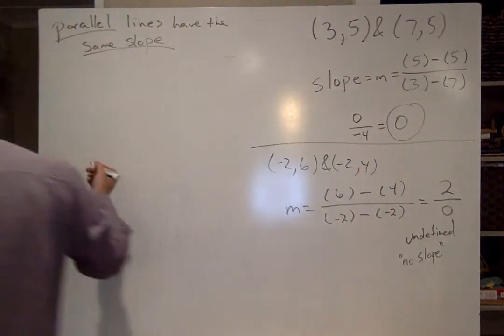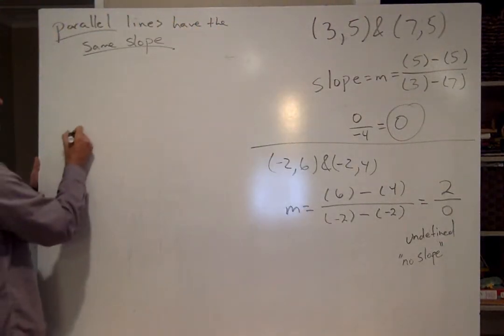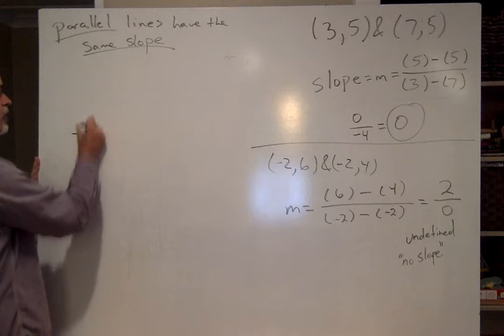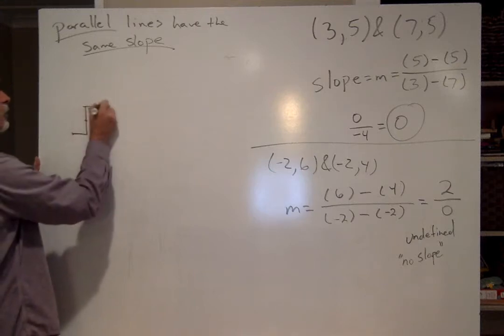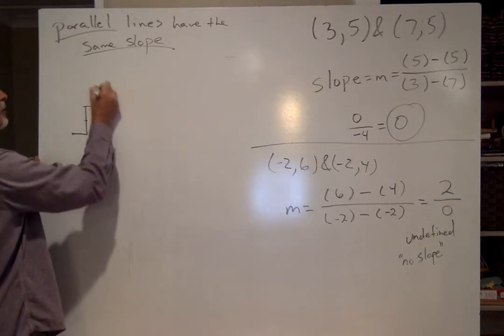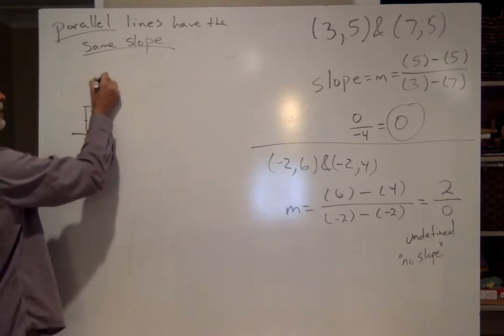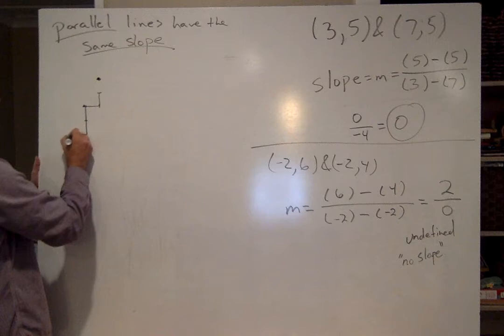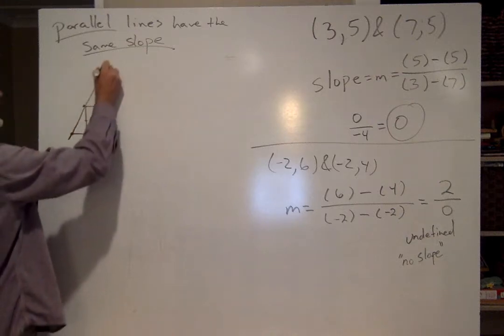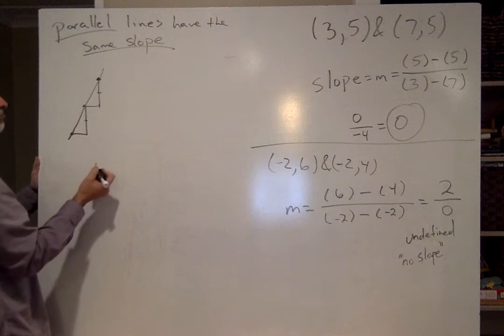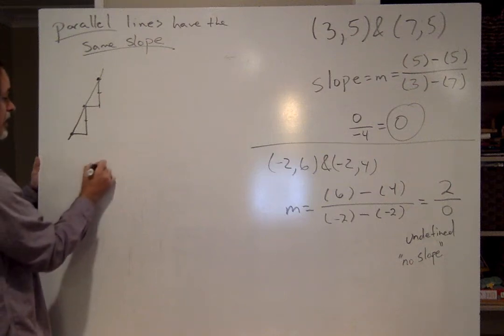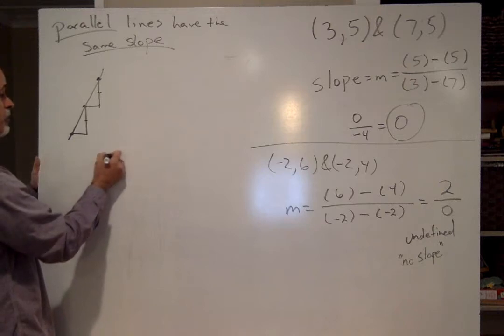If you've got one line where the rule is over 1 up 2, over 1 up 2, and you want to make a parallel line, then your parallel line should also have the same rule, over 1 up 2.